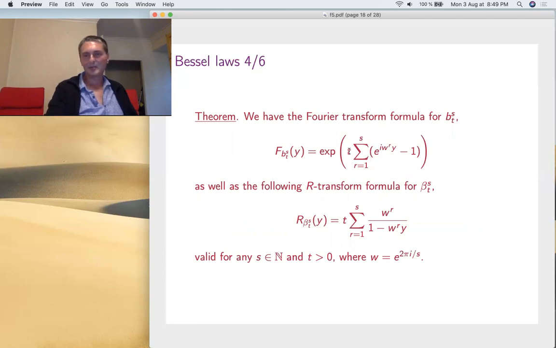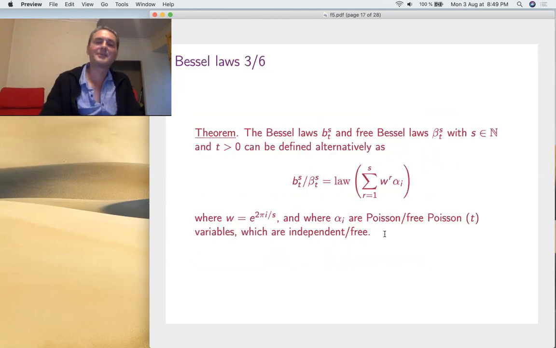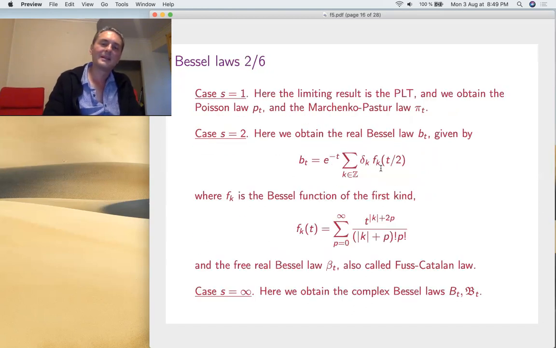And that's the formula for the Fourier transform. That's the Fourier transform of Bessel, and that's the R-transform of free Bessel, this beast here. These Bessel laws are kind of terrible. If you want to compute the density, for instance, at S is 2, that's the density, but at S is 3 it's just something terrible in the complex plane.